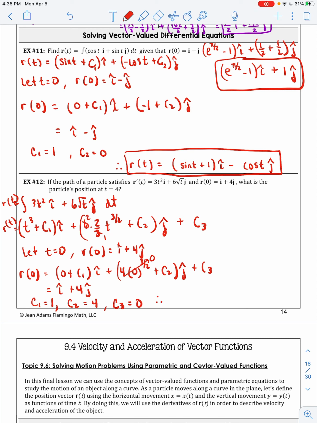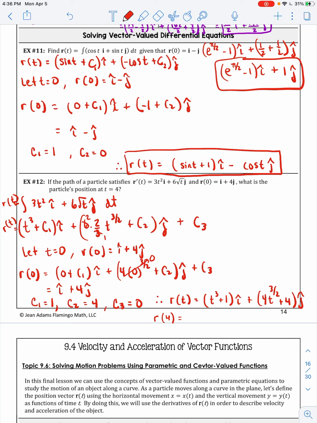So therefore, our r of t equals, put the 1 in for the c1, so that's t cubed plus 1 times i. Put the 4 in for our c2, so plus 4t to the 3/2 plus 4 j. And then we would look for our r of 4, because that's what they're asking, the particle's position.